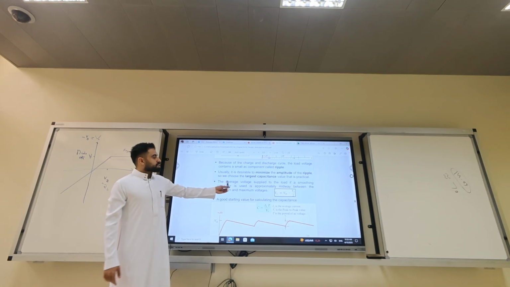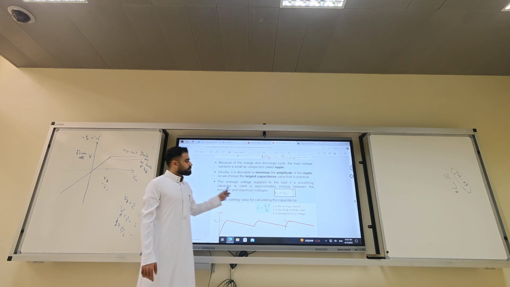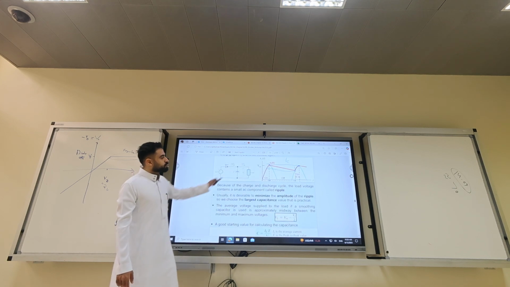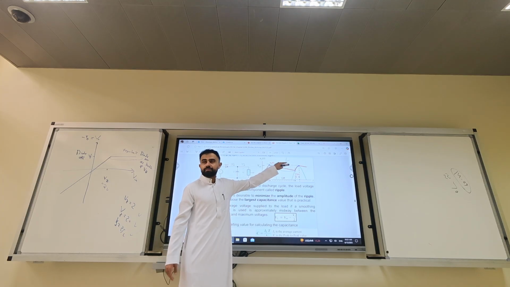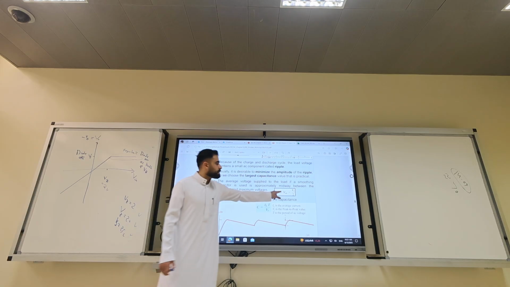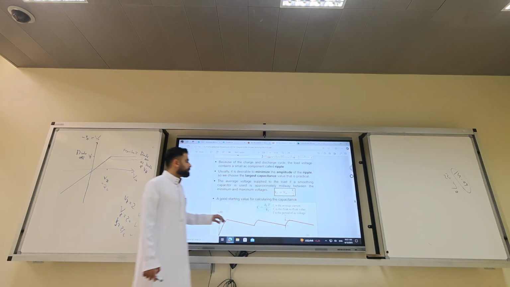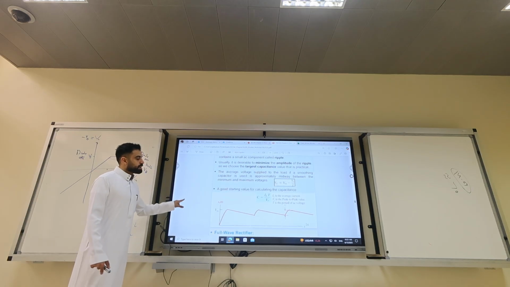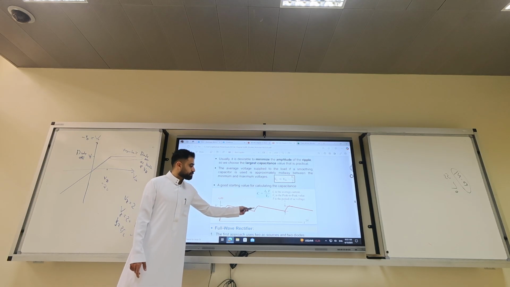The average voltage supplied to the load if a smoothing capacitor is used is approximately midway, so you can approximate the voltage to be halfway of the ripple, so it's V maximum minus V ripple over 2, which is somewhere maybe here.